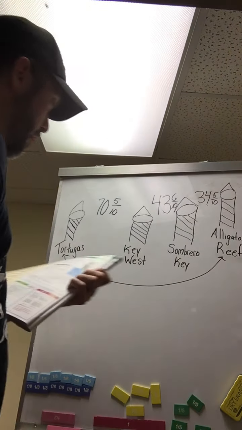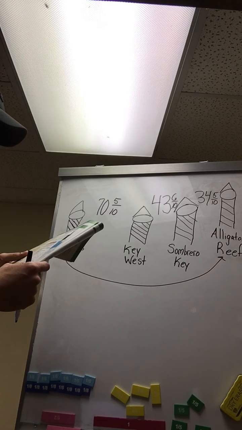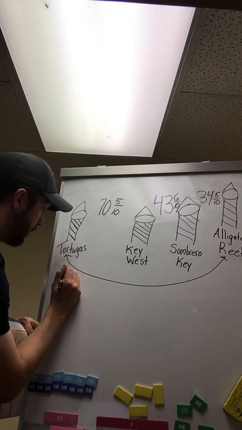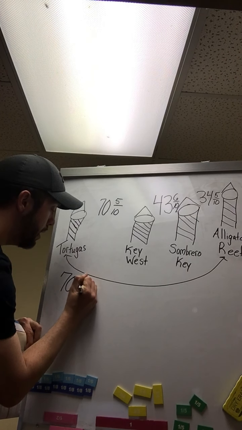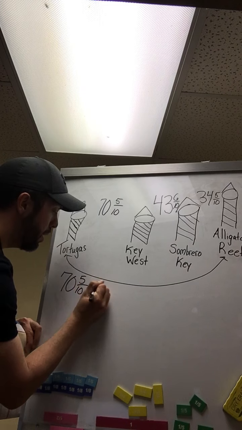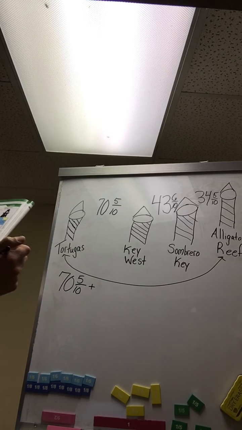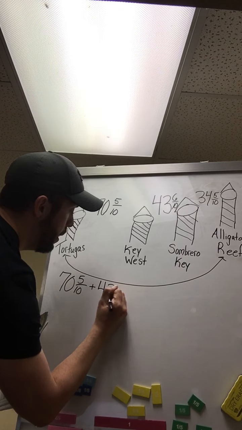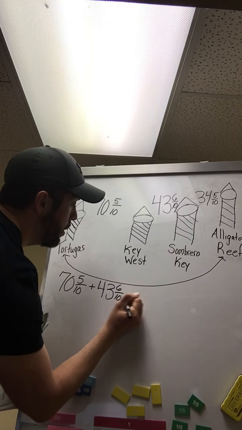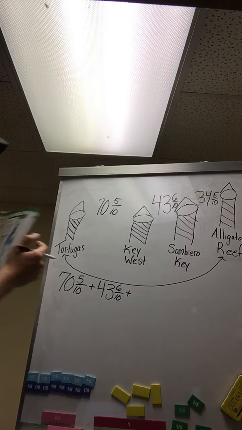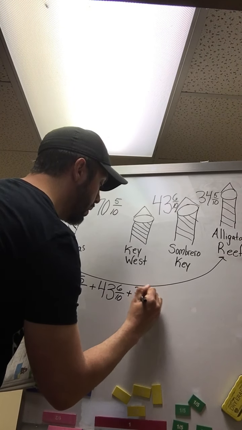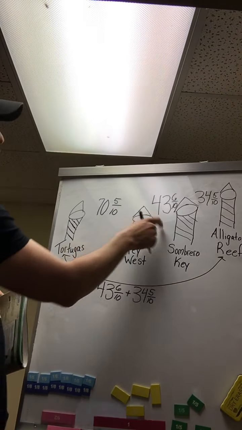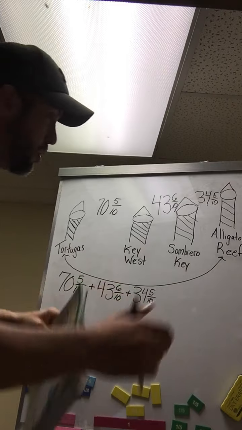In your book, they wrote it like this: 70 and 5/10 plus 43 and 6/10 plus 34 and 5/10. So they actually wrote it in the same order as it is in the distance traveled.